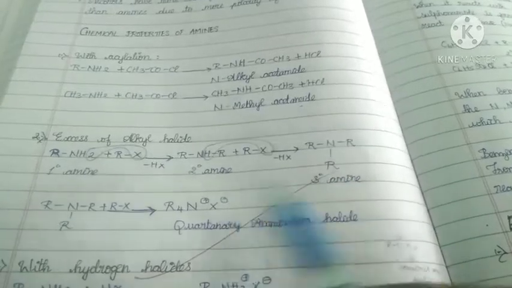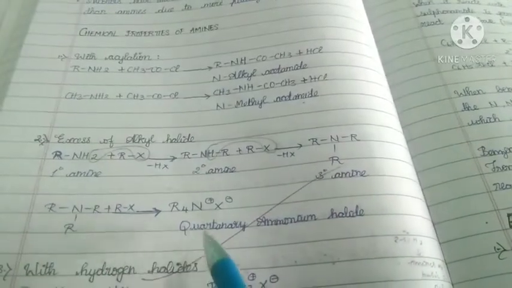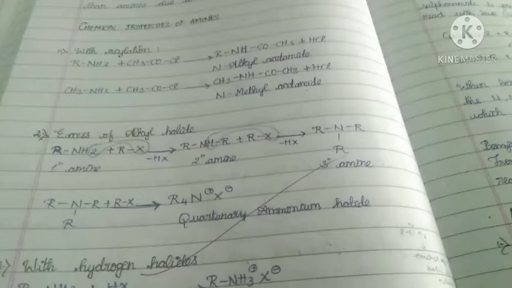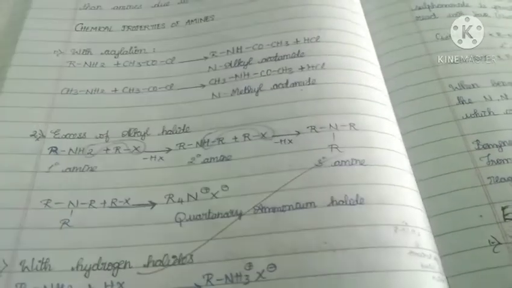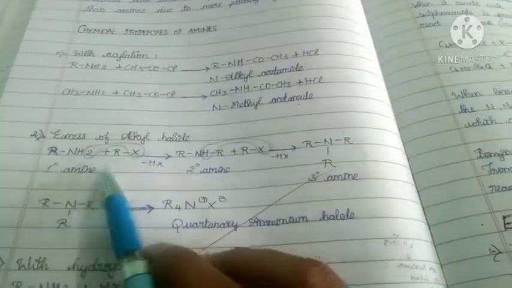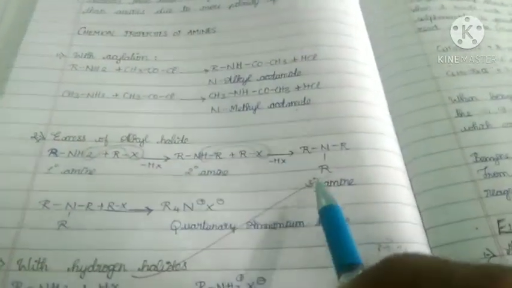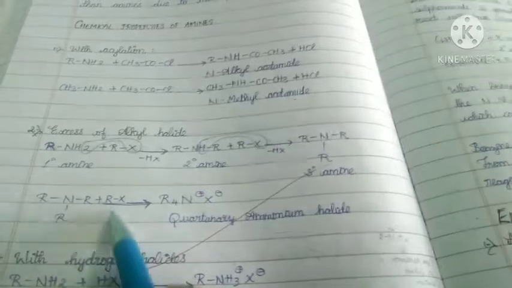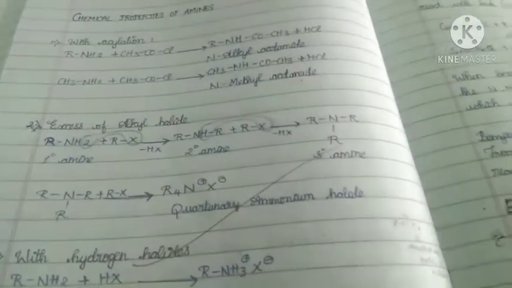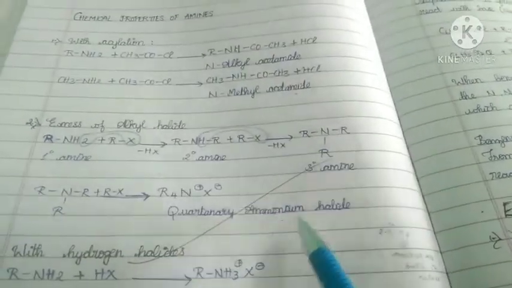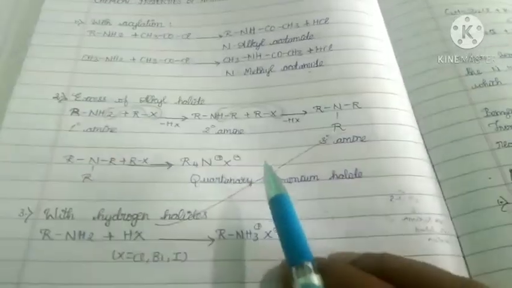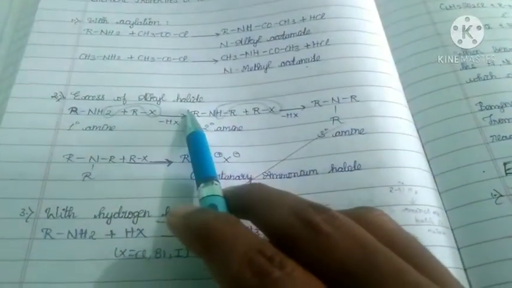When this tertiary amine reacts with one more alkyl halide, then we get quaternary ammonium halide, that is R4N+ X-. So primary amines give secondary amines, secondary amines give tertiary amines, and tertiary amines give quaternary ammonium halide. This is the reaction with alkyl halide.